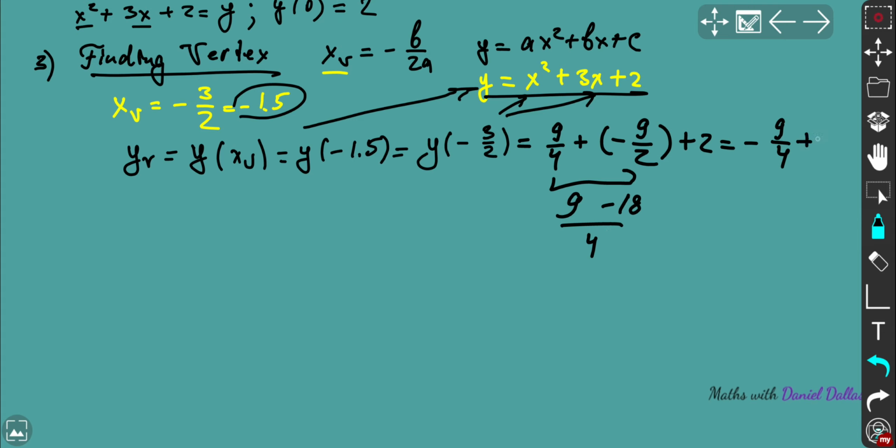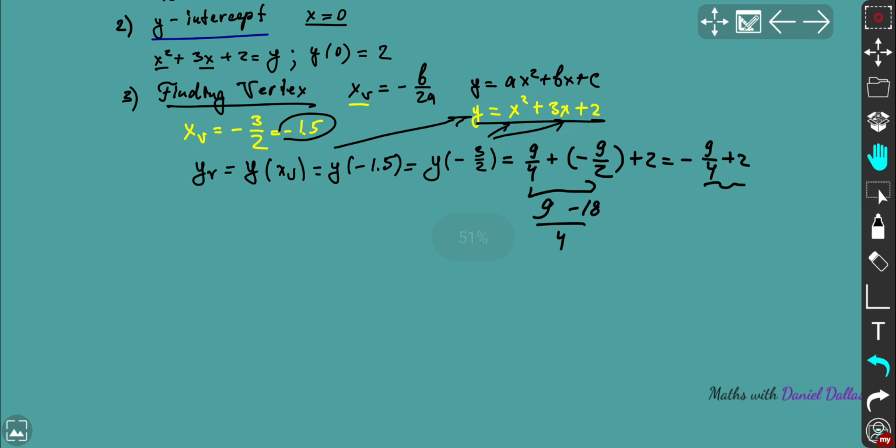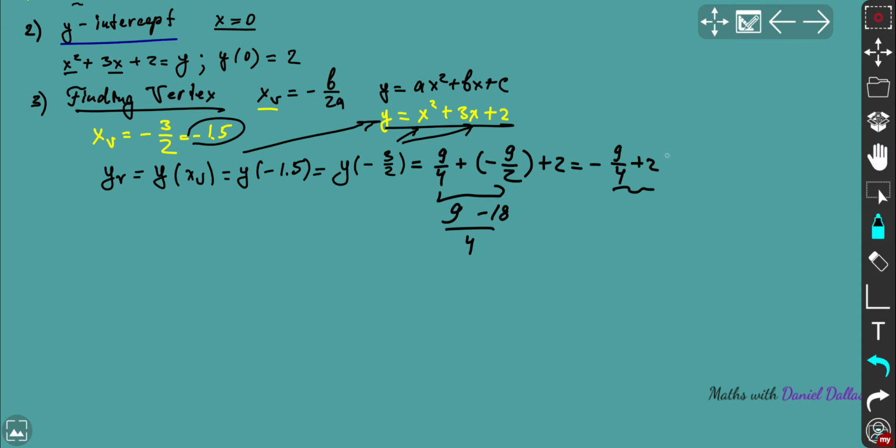On top of that, you need to add 2. If you simplify that, you'll get the result for the y vertex, where 2 you can present as the fraction 8 over 4, because 8 over 4 gives you 2, and finally it's negative 1 over 4.